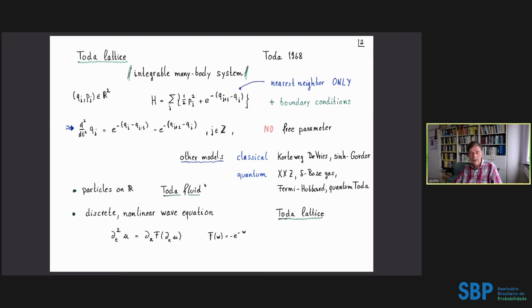One way is the Toda fluid. Then I really think of these particles such that Qj is the actual position of the particle, moving on R. Another way, suggested by writing the equations of motion, is that you can think of this as a discrete nonlinear wave equation.